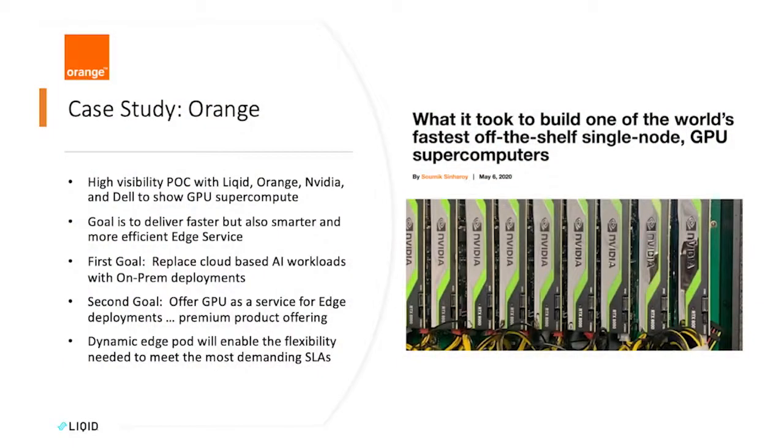And on this slide here, what we're showing is the great work that we did with Orange Telecom. And on this one, we're very excited and very thankful to be able to work with the team at Orange. We actually wrote a white paper, a case study on this. And on this case study, we actually got NVIDIA involved with it, and we got our partners Dell involved with it.